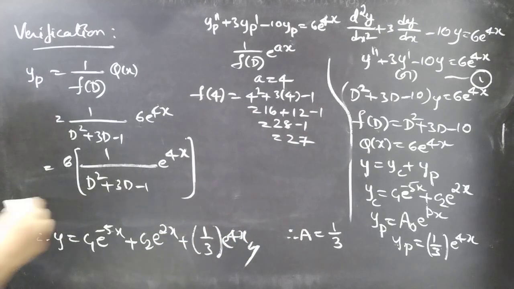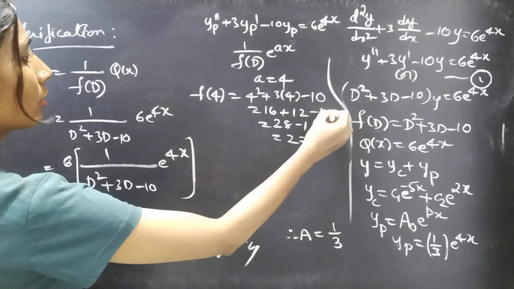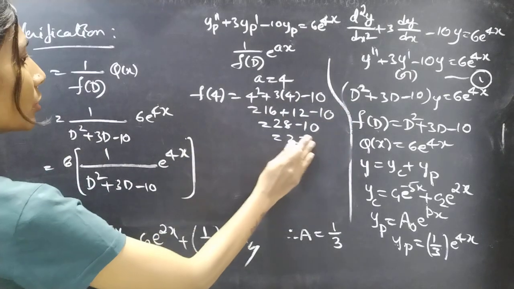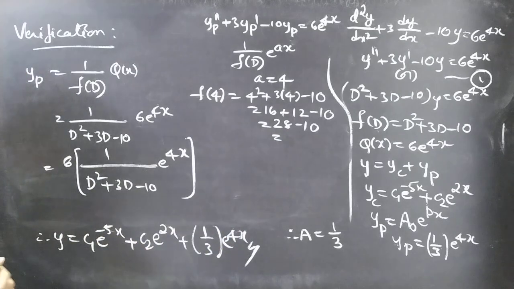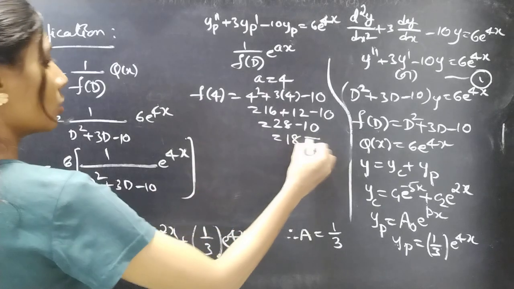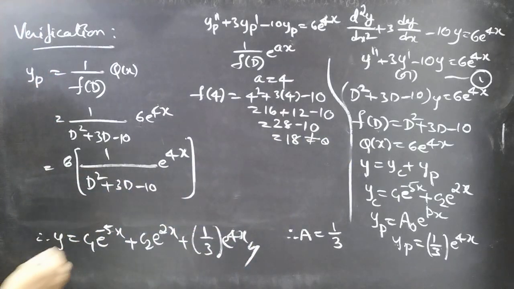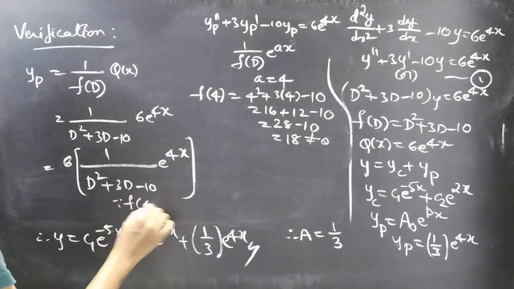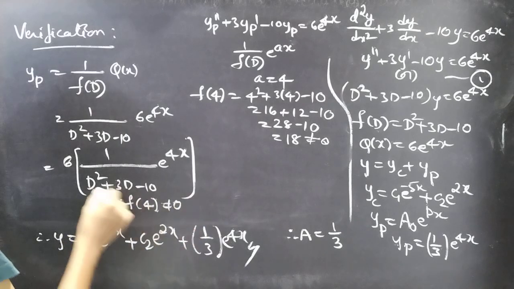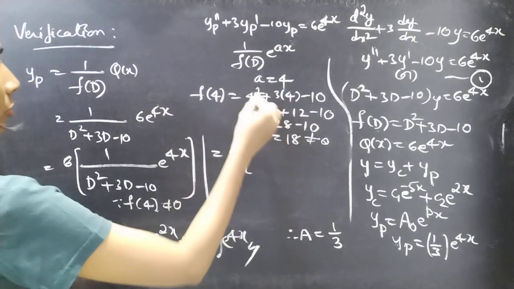Which is 18, which is non-zero. Since f of 4 is non-zero, just replace d by 4.